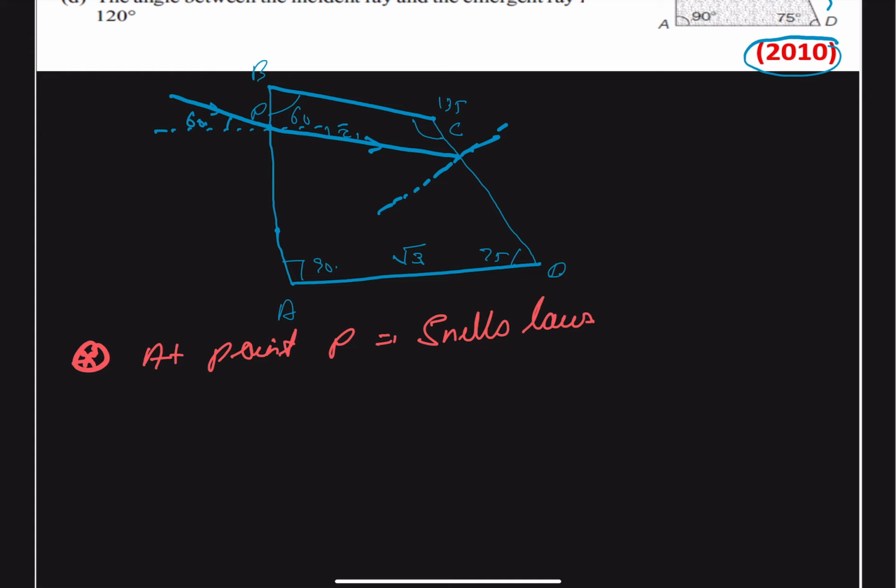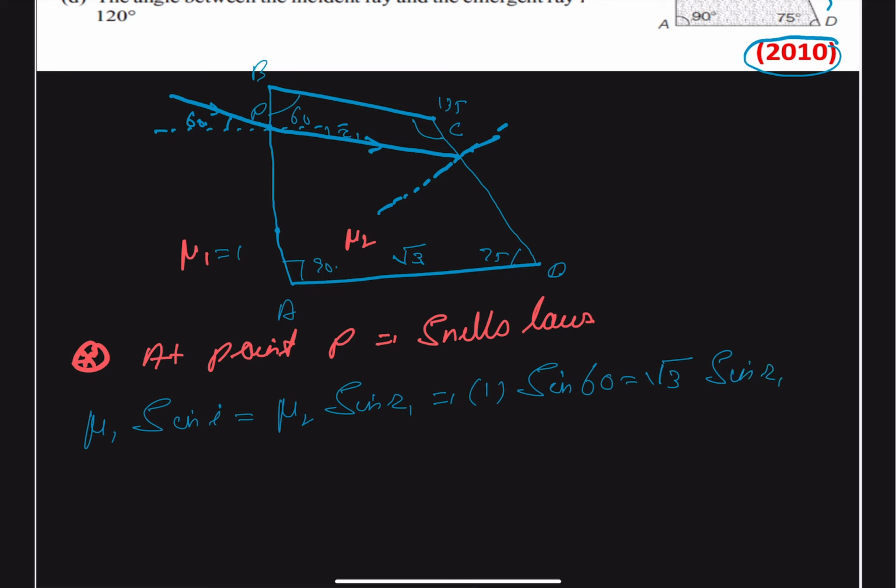Let us call this as mu1, this as our mu2. So we can say that mu1 sine of I is equal to mu2 sine of R1. Mu1 is air, so its value will be obviously equal to 1. And this gives us that 1 multiplied by sine of 60 is equal to mu2, our square root of 3, and this comes as sine of R1.